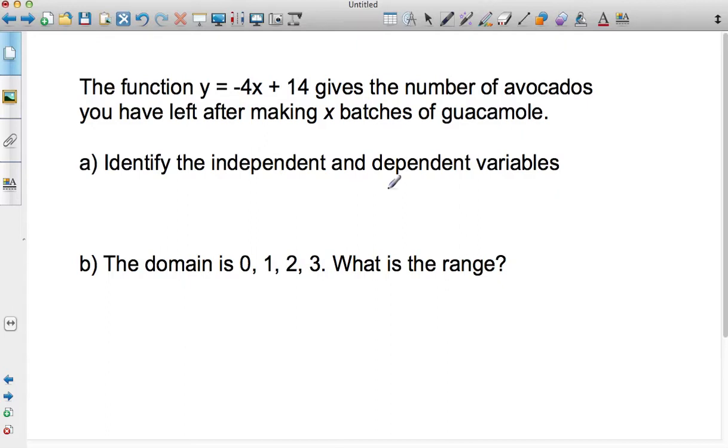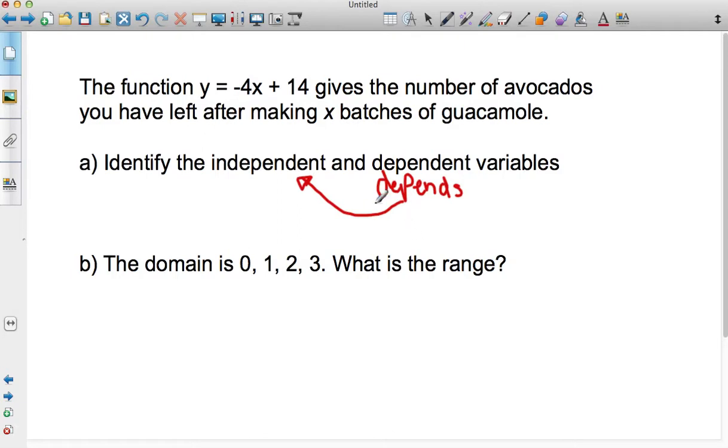Now, this is something we're going to begin using more often in class. I know you use them in science. Independent is, actually, let's start with dependent. This one's easier for me to understand. It depends, is another way to think of it, on the independent.